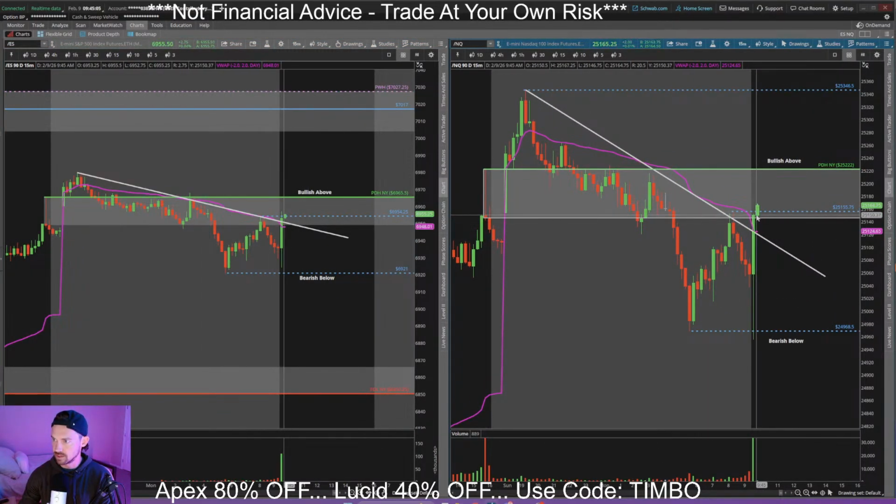Close basically right at the high. A little bit of a wick there. If we can get back above that high, we'll get a test up near previous day high.